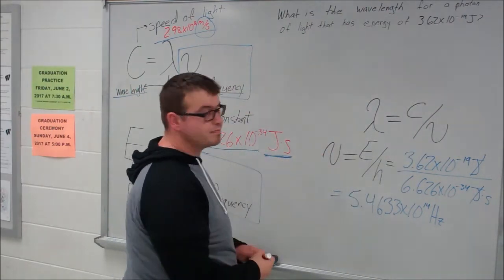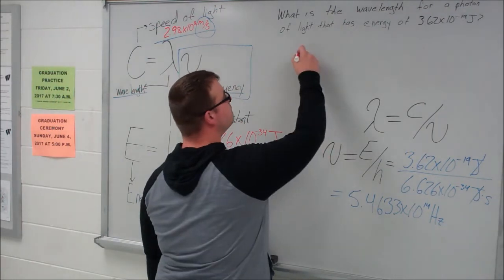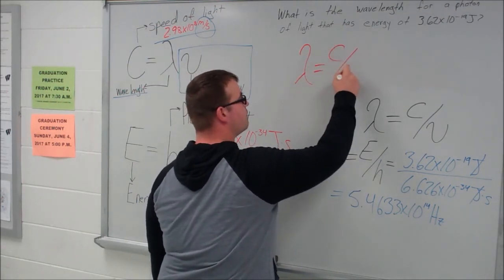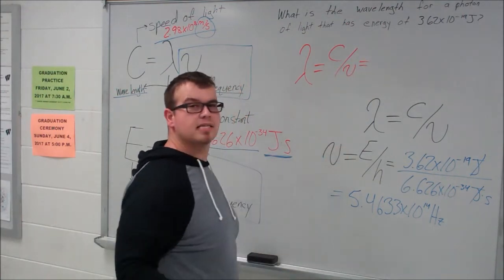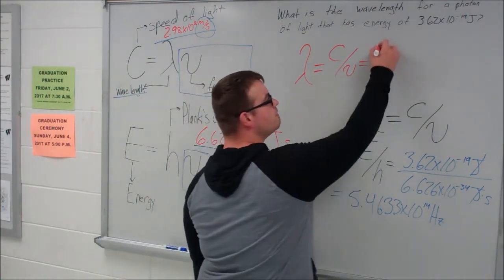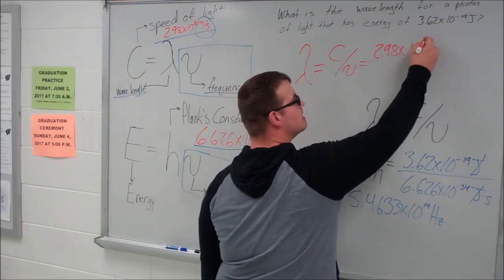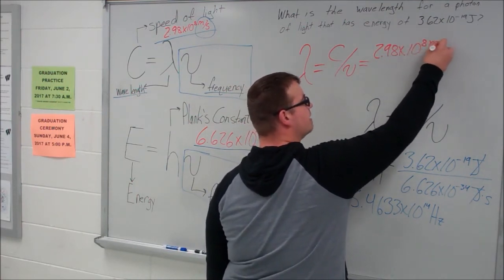So let's plug it in. So we're going to find a wavelength equal to the speed of light divided by frequency. Speed of light is a constant. You already know it to be 2.98 times 10 to the 8 meters per second.